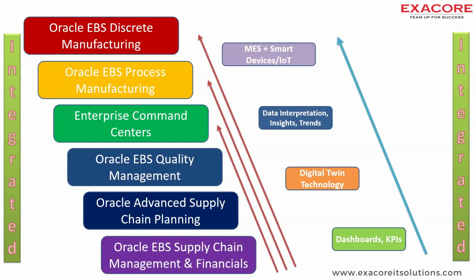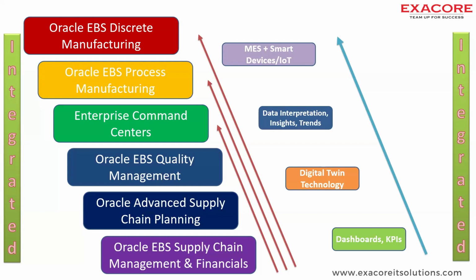Now, within Oracle eBusiness Suite, as we mentioned earlier, there is support for both discrete as well as process manufacturing disciplines, two separate suites for the same. Discrete manufacturing deals with manufacturing like automotive, whereas Oracle EBS process manufacturing modules deal with manufacturing for pharma, medical, chemical industries, and so on and so forth.